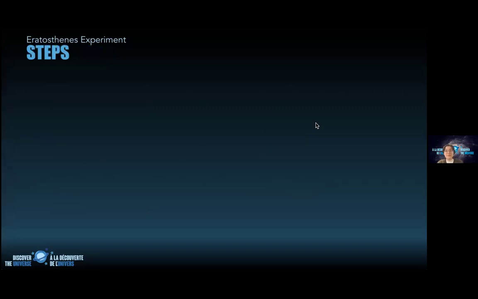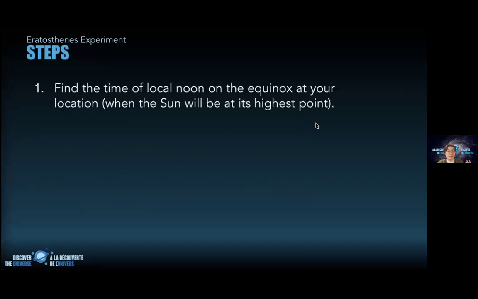Okay, so the steps for this experiment are, the first thing, you want to find the time of your local noon on the equinox for your location. The equinox is the 22nd, but if you're bringing this into your classroom, you will probably end up doing it on the 23rd or a few days before on the Friday. So on that day, you'll want to find the time of local noon for your location.